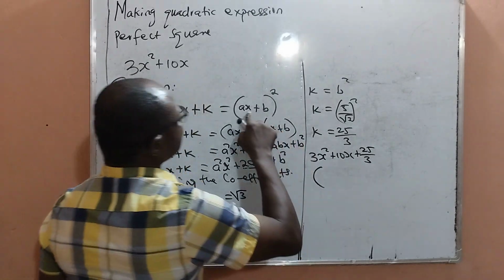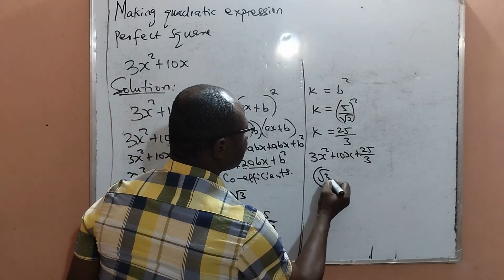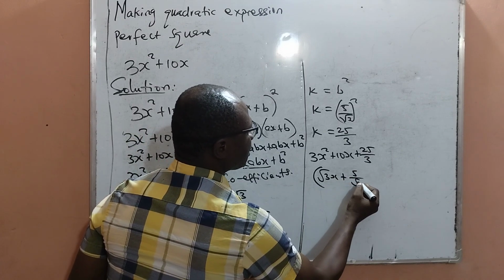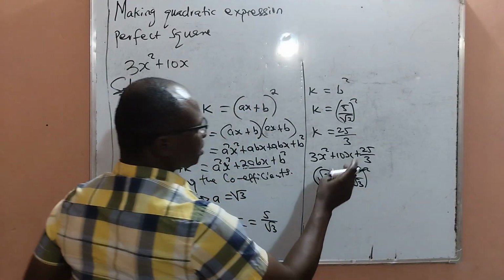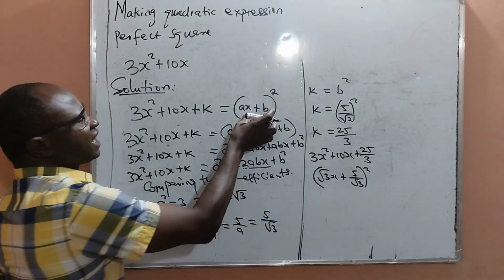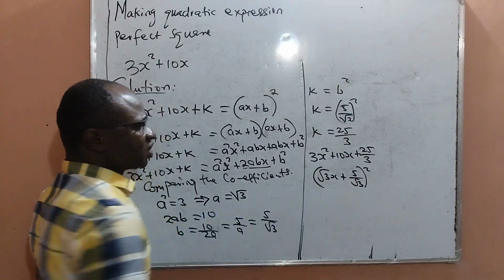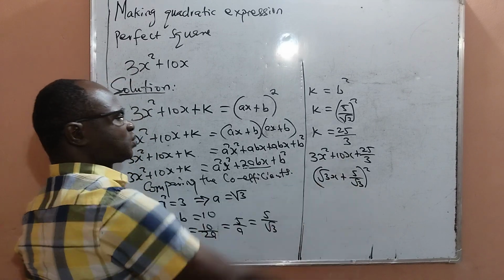When it is factorized, like you have it here, it is going to be the square root of 3 x plus 5 all over root 3, all raised to the power 2. This is exactly what I have on the right hand side. The factorization of this will give us this. So I encourage you to expand this and see if it will give us exactly what we have here.